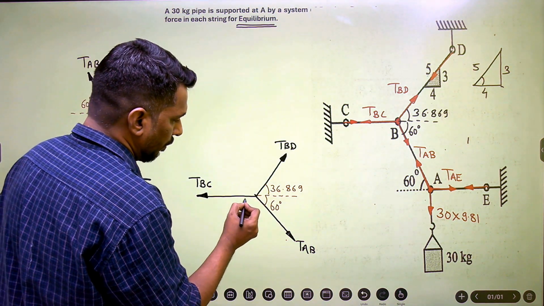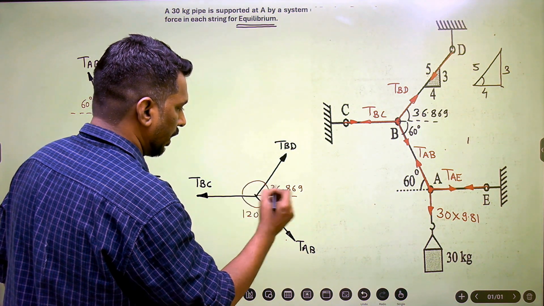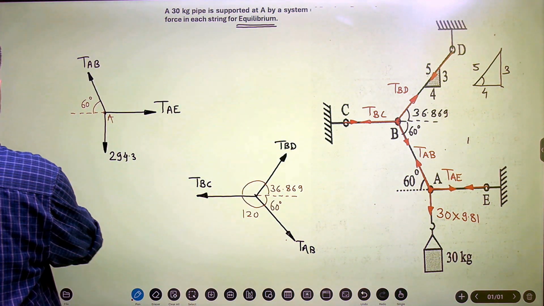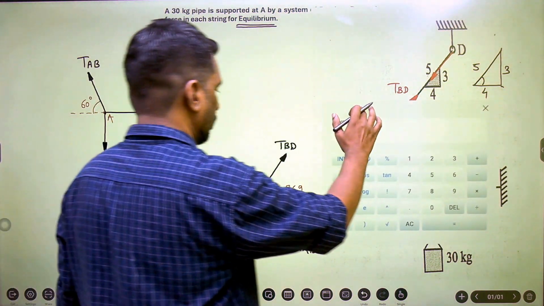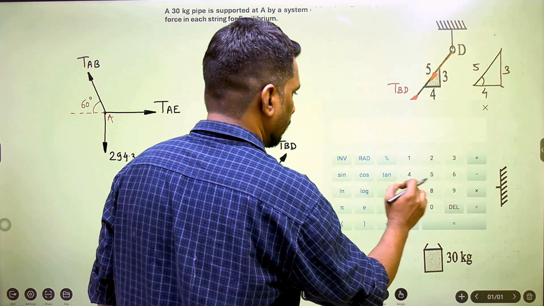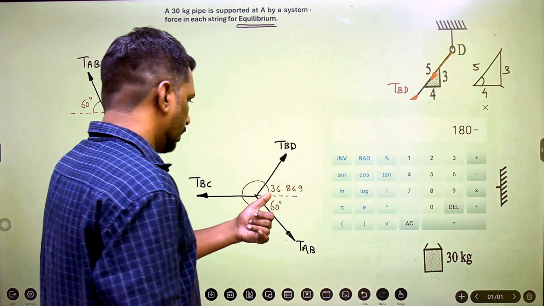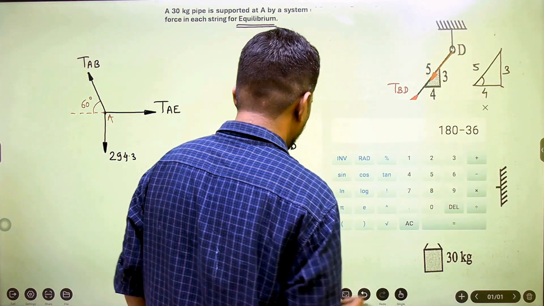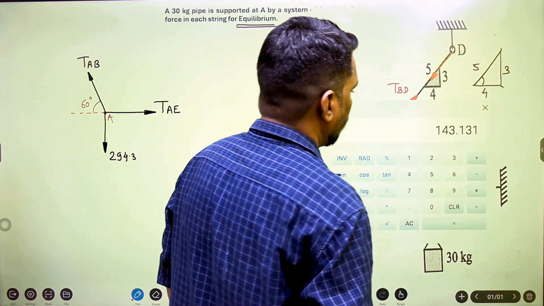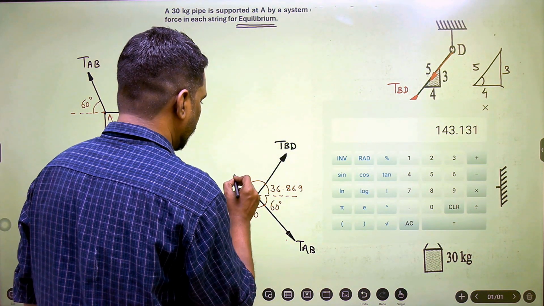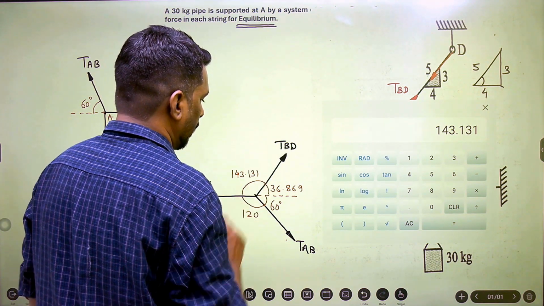Now this becomes 120, and this angle is 180 minus 36.869, that is 143.131. So this is 143.131.